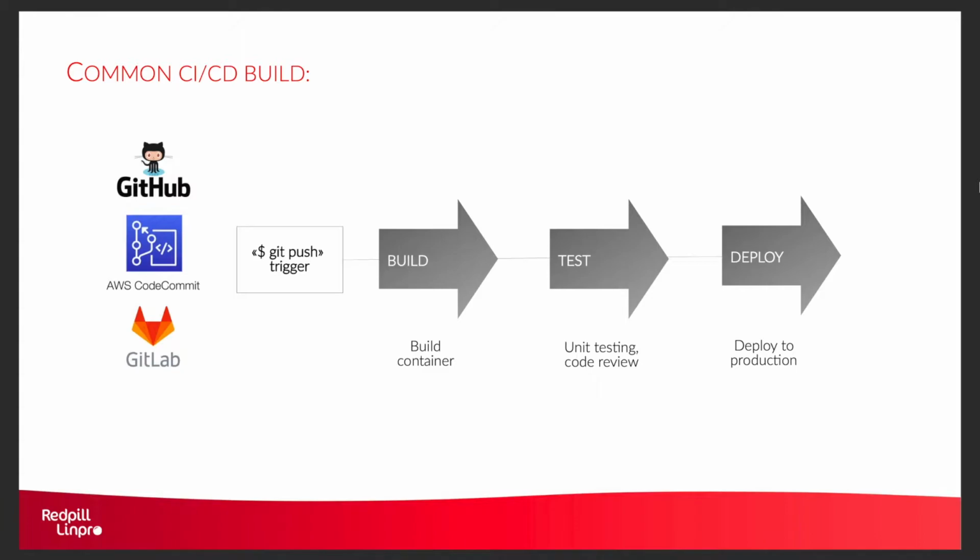In this container, you have everything your code actually needs to work in production, and of course the code itself. This container with the code is then tested. When I say tested, it's more of the type of is the code semantically correct, like unit testing and code review. If this checks out, it's deployed to production.